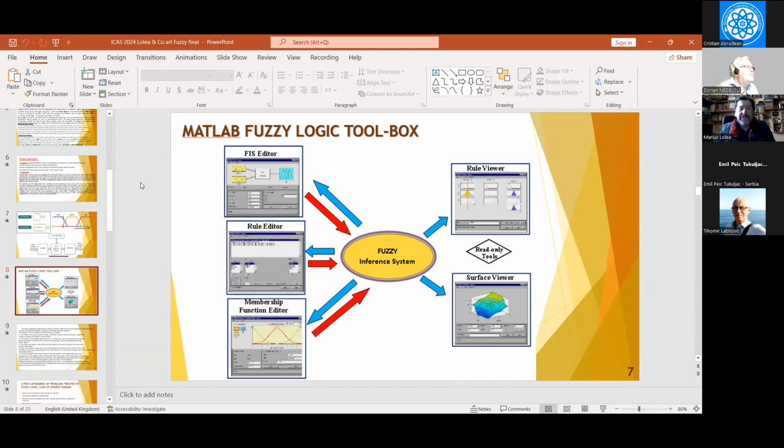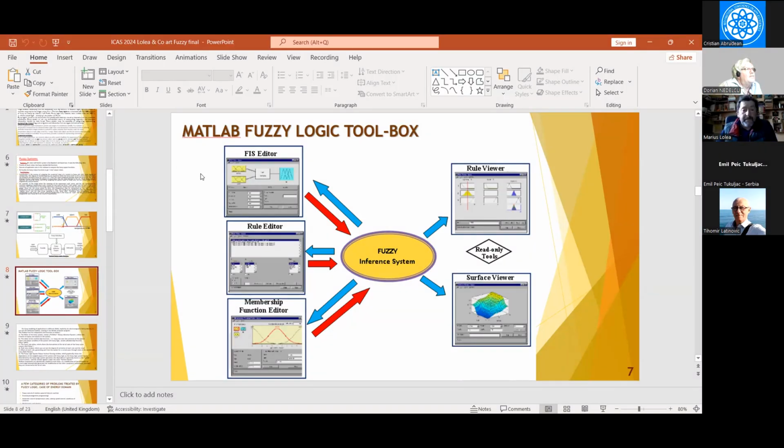For example, fuzzy logic versus Boolean logic. In Boolean logic, 0 means nothing and 1 means everything. In fuzzy logic it is relative. For example, for a young person, 40 years means old, but for old people, 40 years means young. This is the argument with which we start to judge fuzzy logic in the MATLAB toolbox.